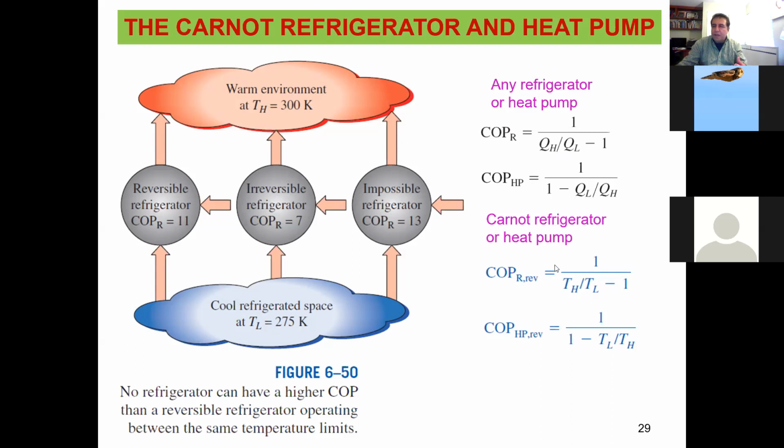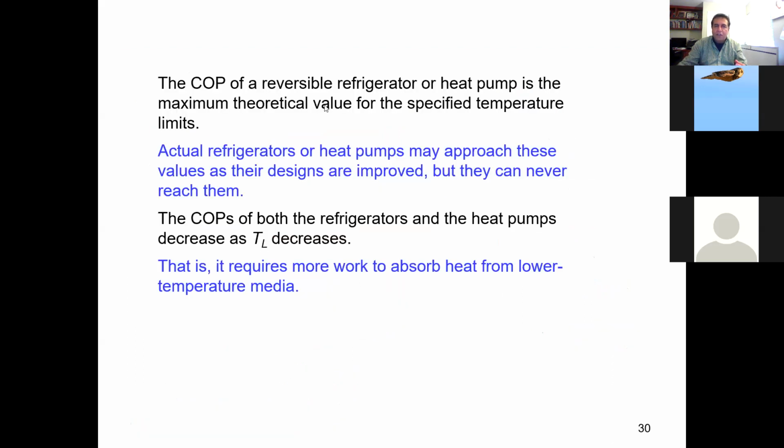For the Carnot refrigerator or heat pump, that's the formula in terms of temperature, and this one is in terms of heat. The coefficient of performance of a reversible refrigerator or heat pump is the maximum theoretical value for the specified temperature limits. Actual refrigerators or heat pumps may approach these values as their designs are improved, but they can never reach them.